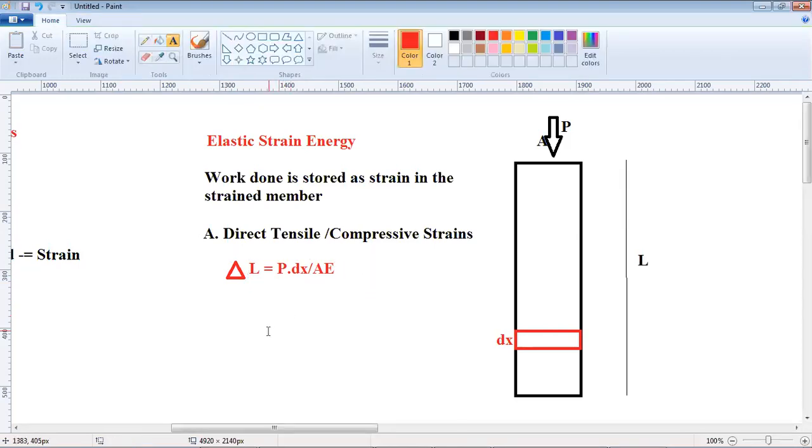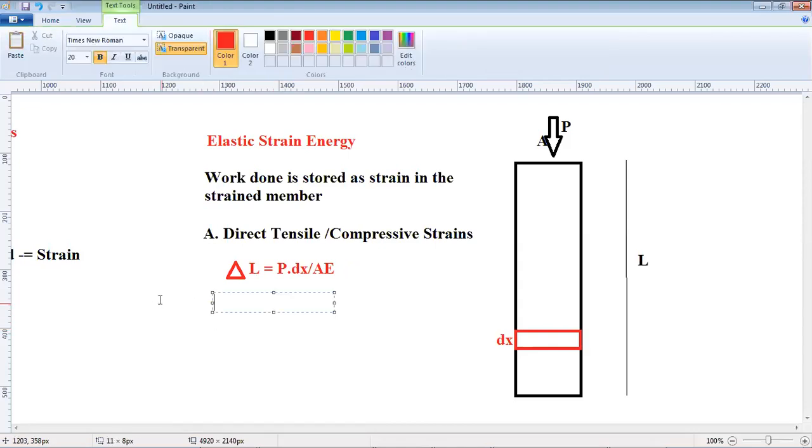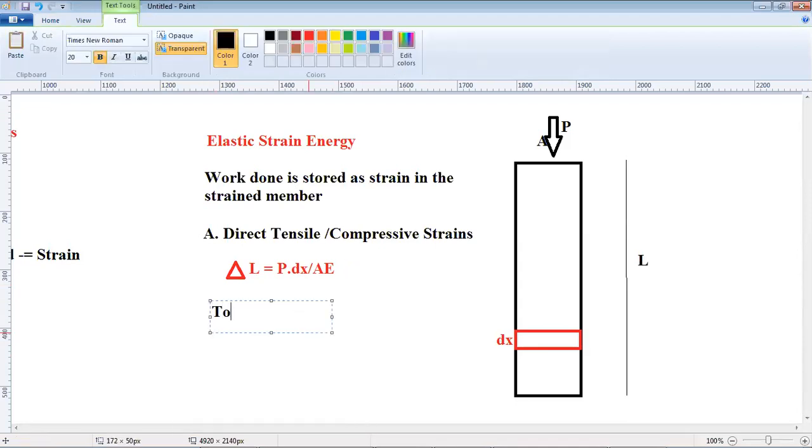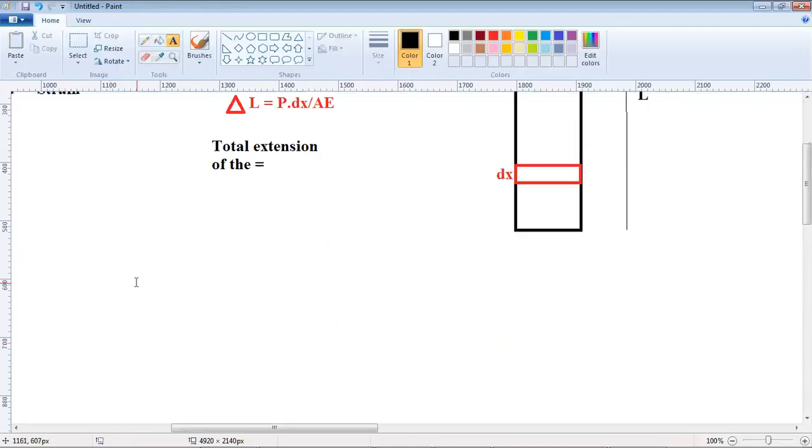Thereby, if we have to determine the total deflection, or extension, of the whole member. This is only for the dx portion, delta L. The total extension would be, for that you have to do the integration.